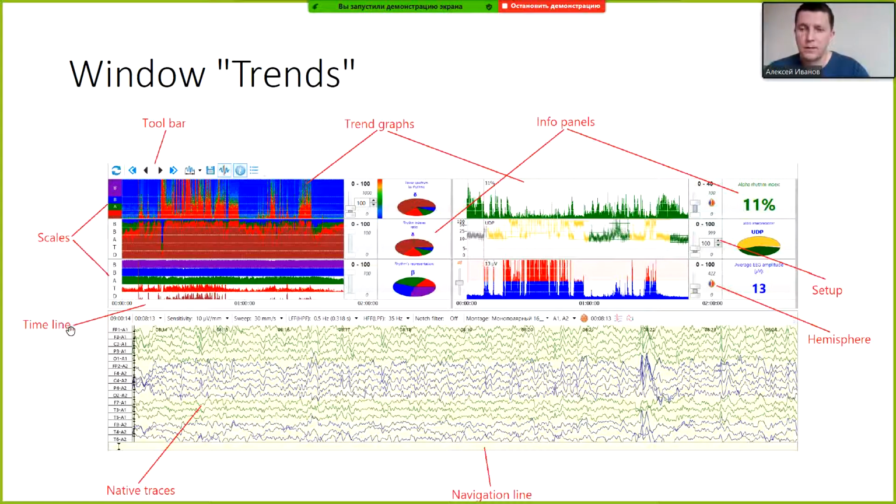Also a trend has a timeline on the bottom and an information panel on the right side. On the information panel we can see the results of calculation of the trend at the current time. Also, some trends have controls for setting up visibility parameters, for example hemisphere mode or changing levels or something else.